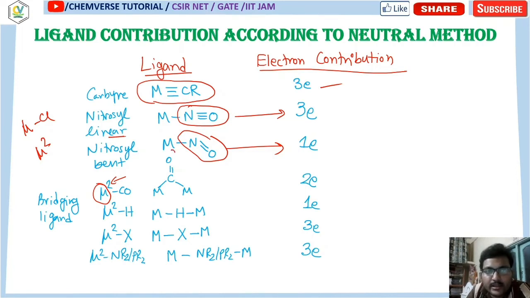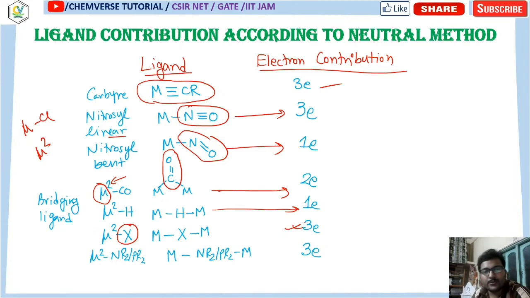Carbonyl was initially a 2 electron donor. When it is bridging, it is also a 2 electron donor. For hydride, it is also a 1 electron donor, no change in the case of bridging. But changes can happen in the case of halide. It was a 1 electron donor, but in the bridging case it is a 3 electron donor. In the case of NR2, it was a 1 electron donor for a single metal. For 2 metals, it will be a 3 electron donor.